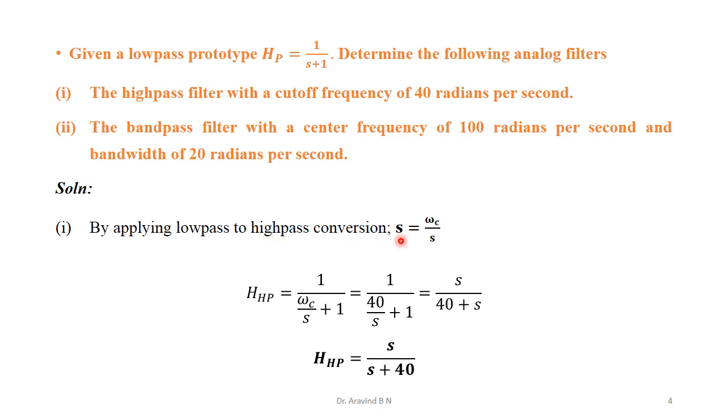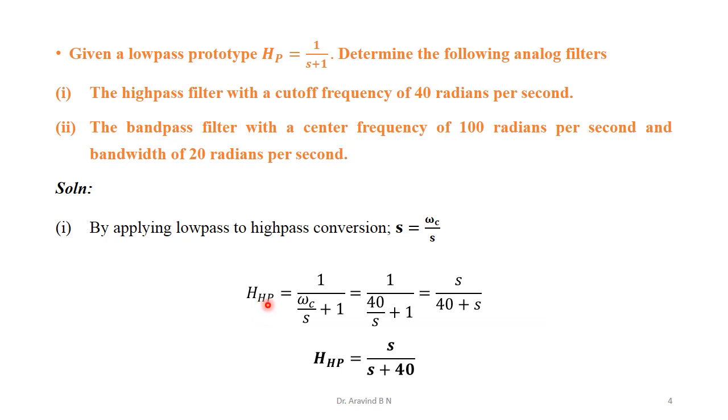So it is given by S is equal to omega C divided by S. The cutoff frequency omega C is given as 40 radians per second. So we can make a substitution, omega C is equal to 40 radians per second. First let us substitute omega C by S in the given prototype and simplify.